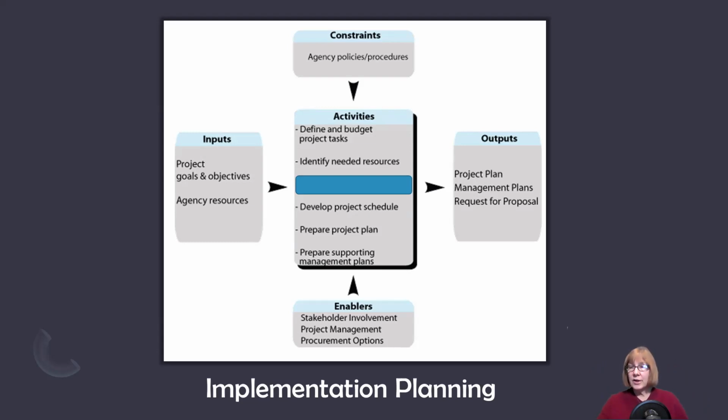What we're going to focus on in this chapter are these activities: defining and budgeting project tasks, identifying the needed resources, developing the project schedule and the project plan, and any supporting management plans that you may need to do.